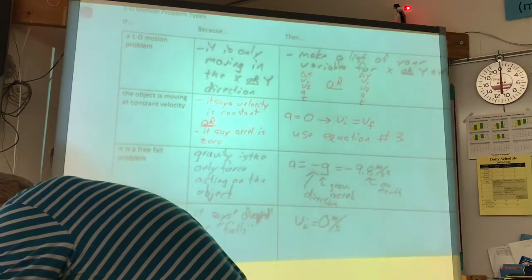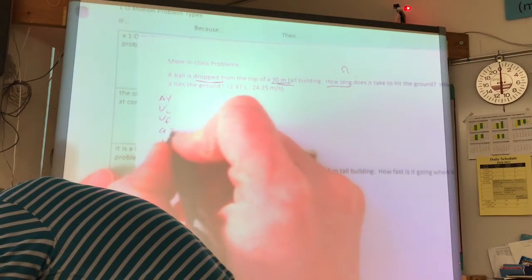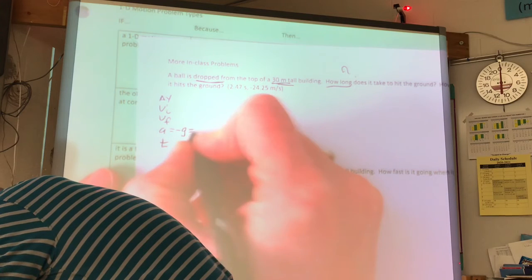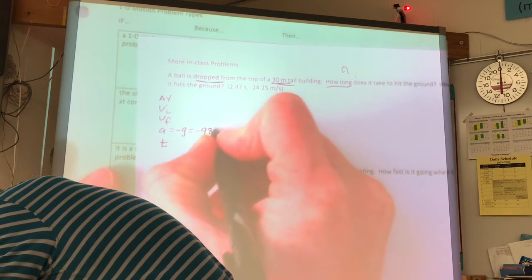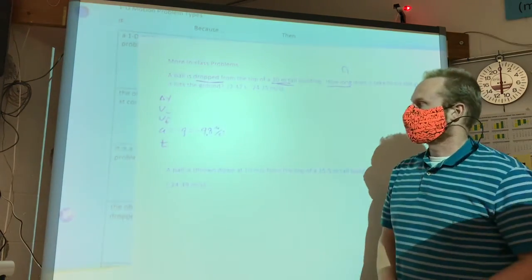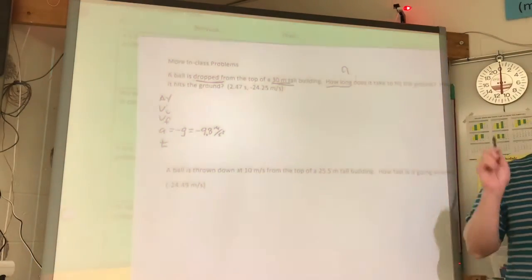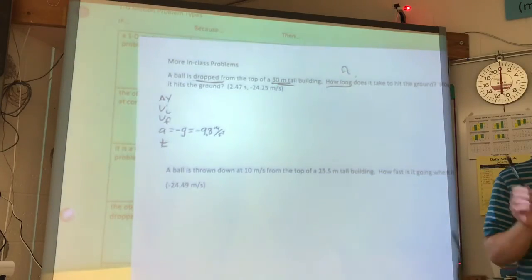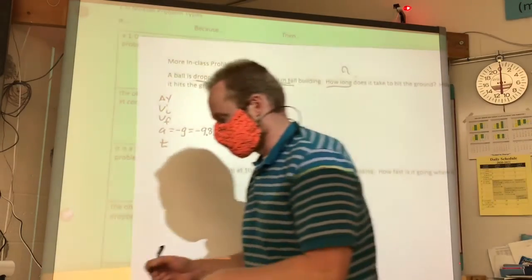Because it's a free fall problem, we can say my acceleration is negative g, and on Earth, g has a value of negative 9.8 meters per second squared. Negative means direction. It means it's accelerating in the negative direction.